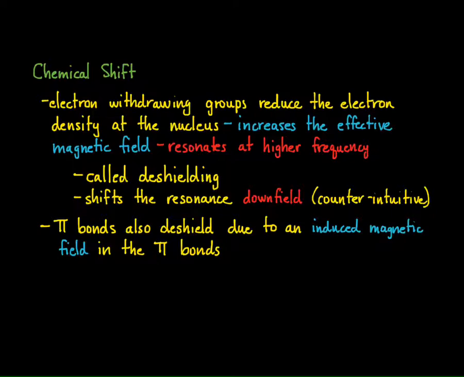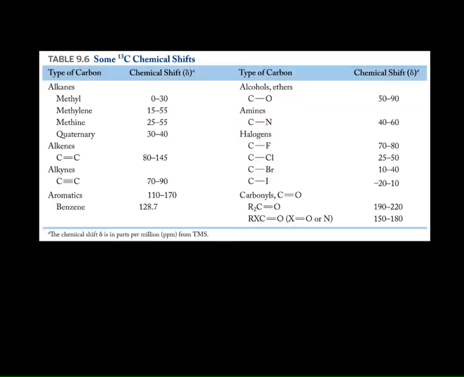So instead of shielding, they're actually adding to the magnetic field, which again increases the frequency to a higher frequency. So again, you see a shift downfield. And that's important to understand. So we have electron withdrawing groups that de-shield, and we have pi bonds, in essence, that cause a de-shielding.